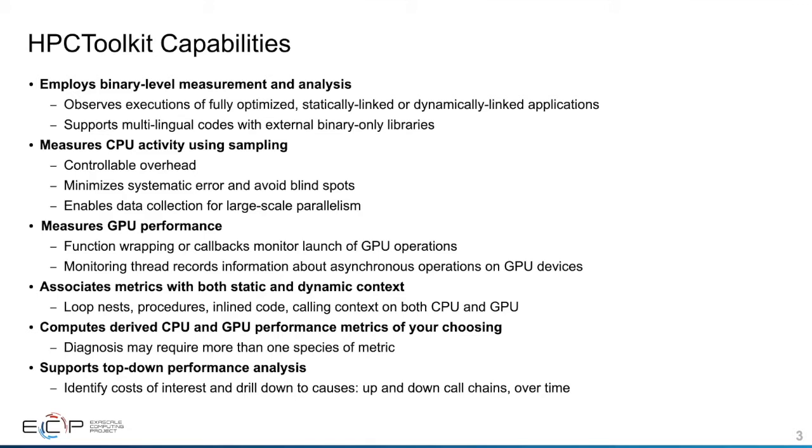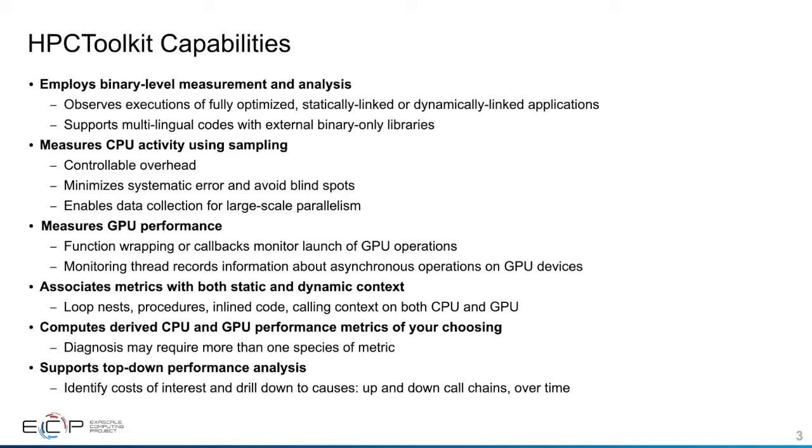So HPCToolkit will associate metrics with both static and dynamic contexts. On the previous slide, I mentioned that we're associating things with calling context. And so the calling context can include loop nest procedures, inline code, and the calling context span both CPU and GPU on some of the platforms. So HPCToolkit's user interfaces enable you to compute derived CPU and GPU performance metrics of your choosing.